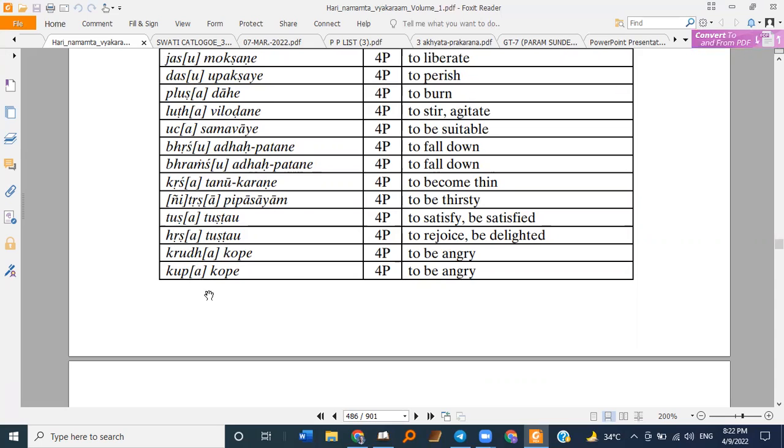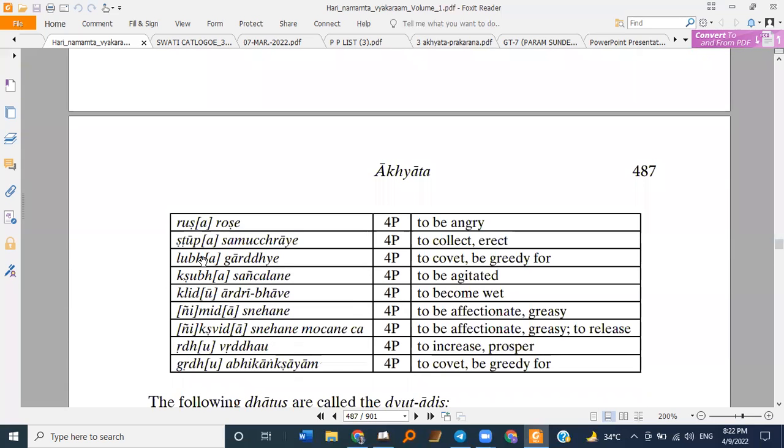Kupa Kope, Kopa. Kopa is anger, and Kopana ityadi. Rusha Roshe, to be angry. Rushta, Rosha. Shtupa Samuchraye. I don't know anything for this one now. Then Lubha Gardhe, so Lobha, Lubdha ityadi. Shubha Sanchalane, to be agitated. Shubdha we say, and so on.